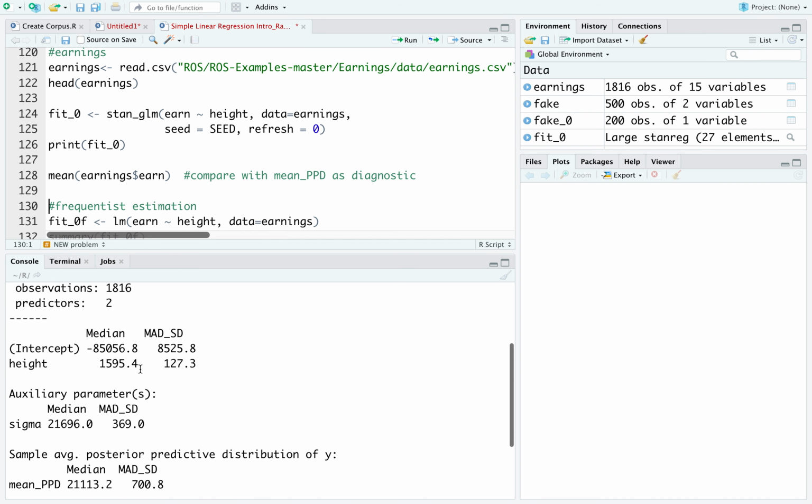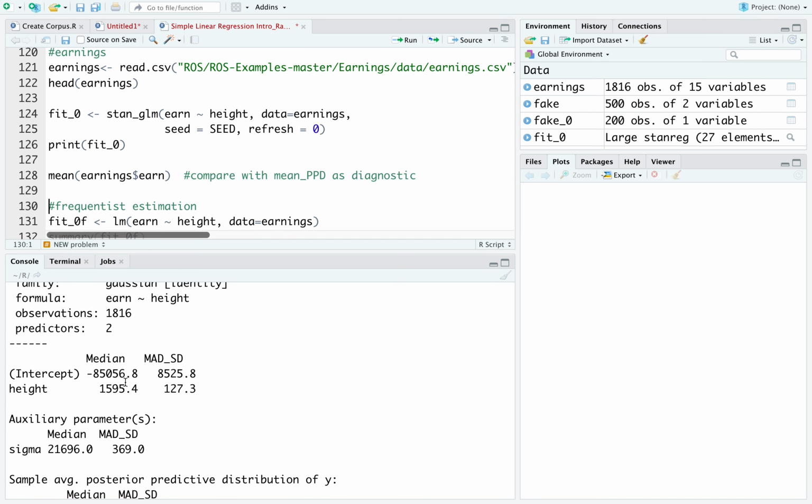Okay, so what do we have? This coefficient on height is about 1,600, right? 1,595. So what does that mean? Stick with explaining it in just a comparative way.